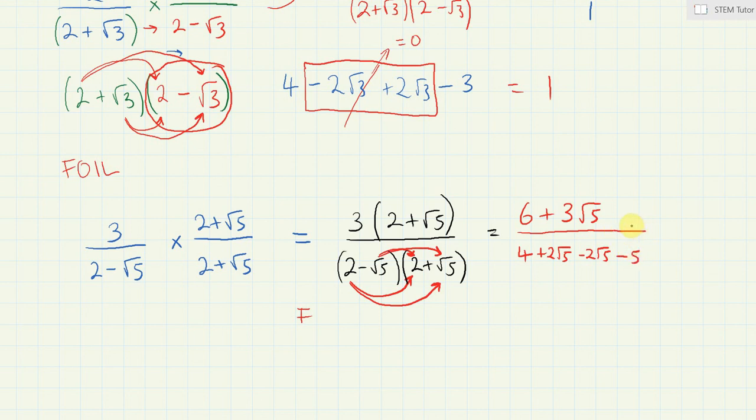Again, from the rule that I went through at the start of this video, where root a times root a equals just a. But remember, if there's a sign difference, then the sign must follow through.